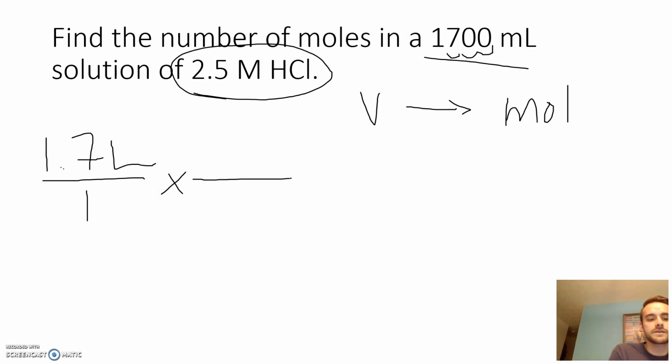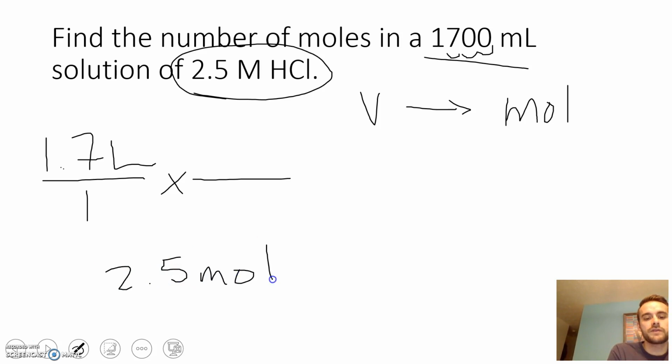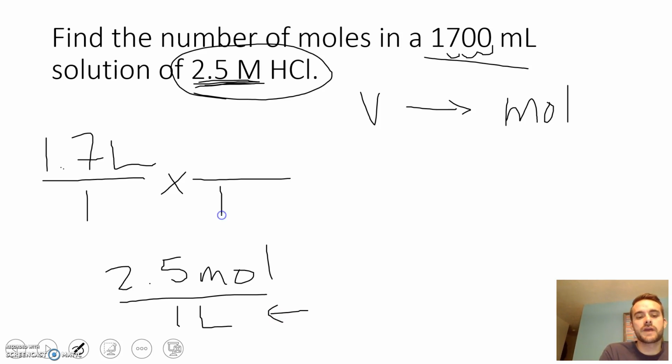As I say in class, always take the conversion factor 2.5 molar. And whenever you see big M, you change that to moles divided by 1 liter, right? So if I give you a concentration, that's when you take big M and make it moles divided by 1 liter. I'm going to look at this. I know that I want liters to cancel, so I need to leave it the same so that liters will cancel.